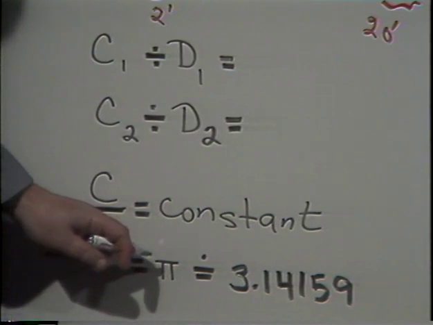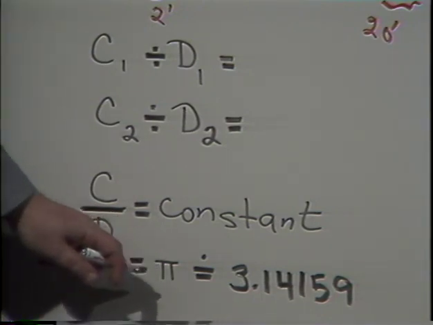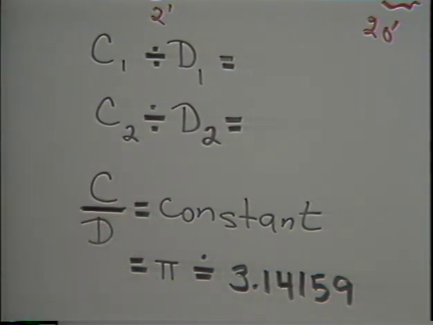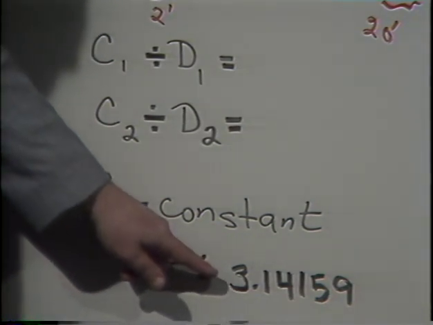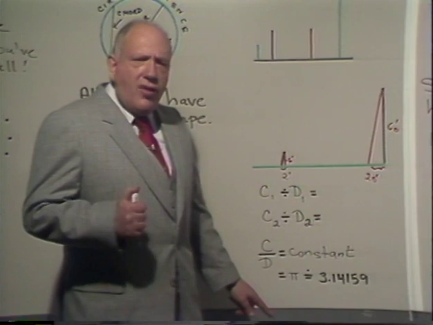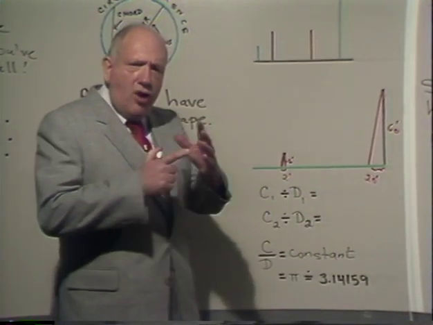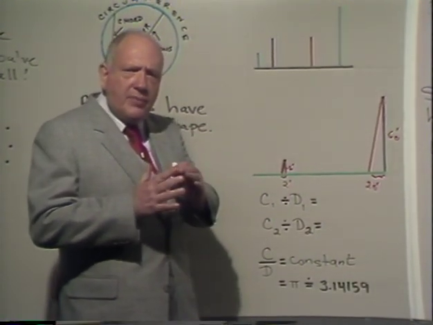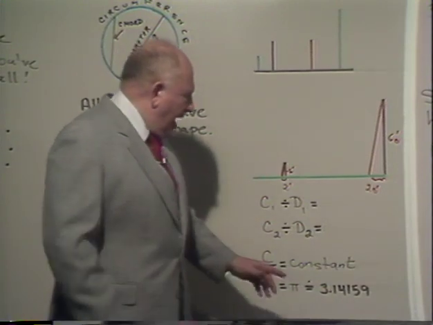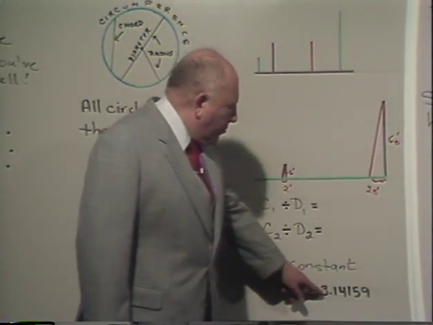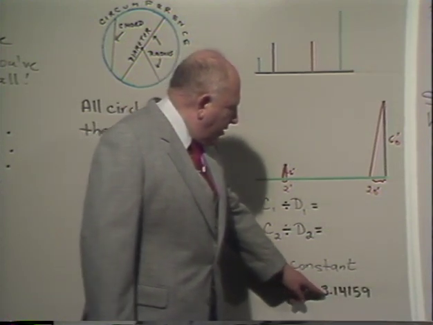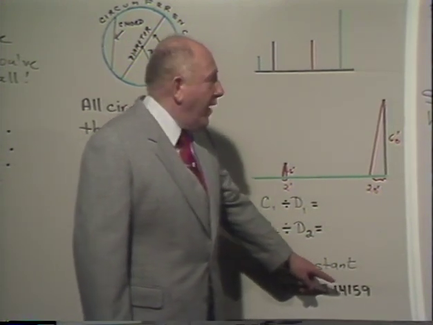But basically, what they found, and I will indicate later how this was done, is that this constant was not a simple number. The ratio between the circumference and diameter has to be something. They measured it out, and what they found was that to 5 decimal place accuracy, that constant was 3.14159.